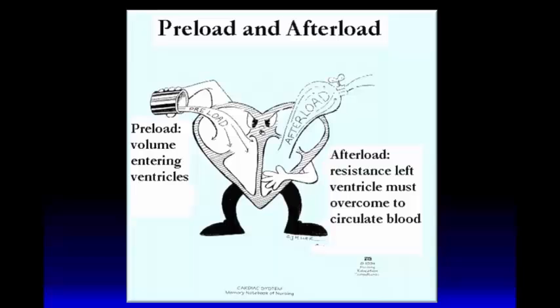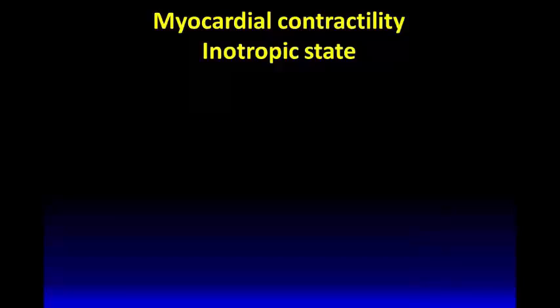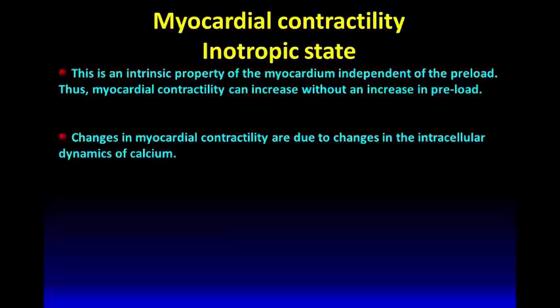The third factor which affects stroke volume is the inotropic state of the myocardium, which is known as myocardial contractility. Myocardial contractility is an intrinsic property of the myocardium independent of the preload.